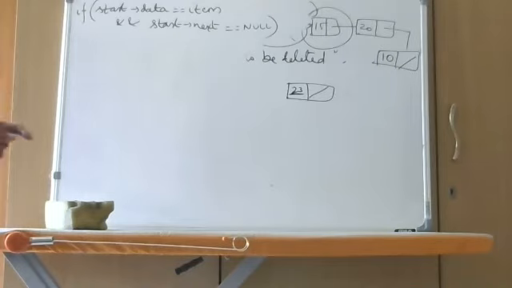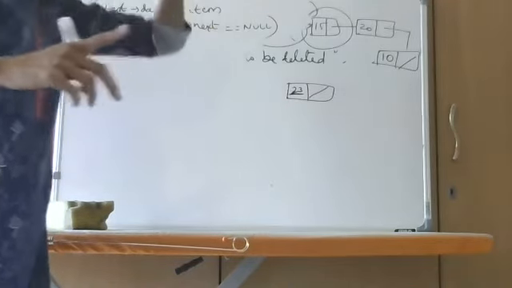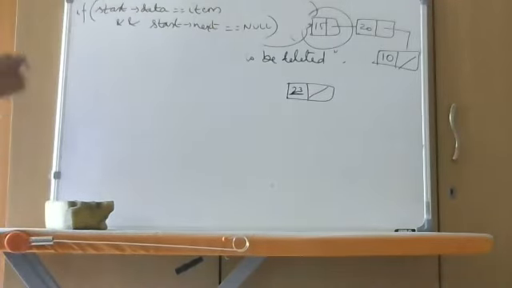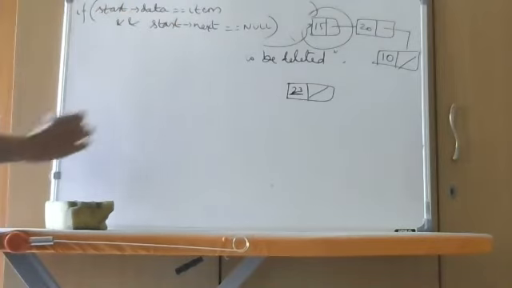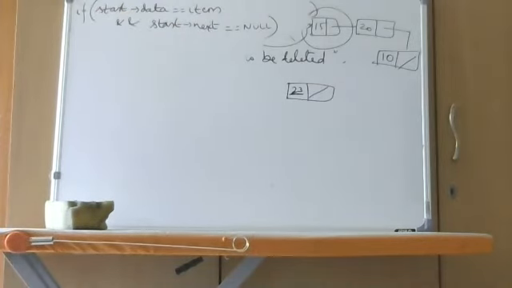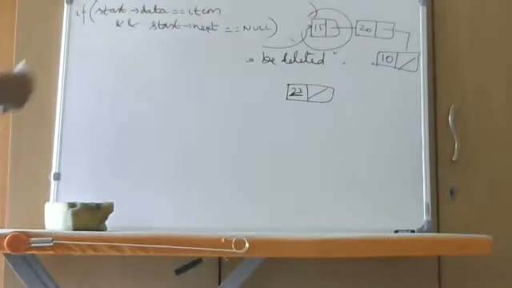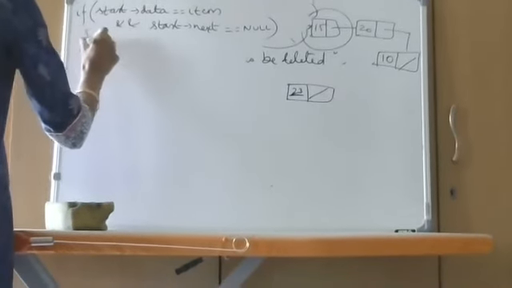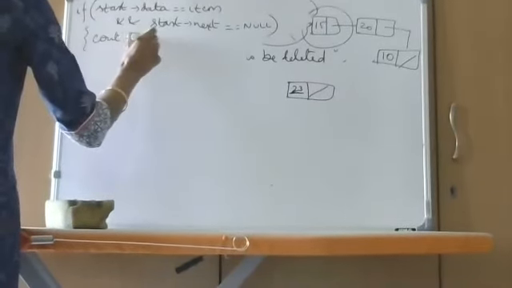The second condition is, I want to delete the first element, but that's the only element in the list. So that's why I'm checking if start of data is equal to item and start of next is equal to null. Then I will write the deleted element.